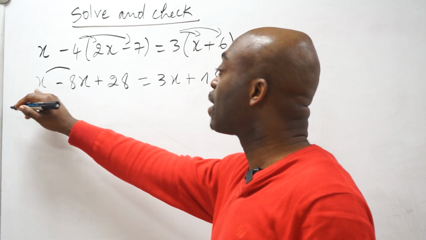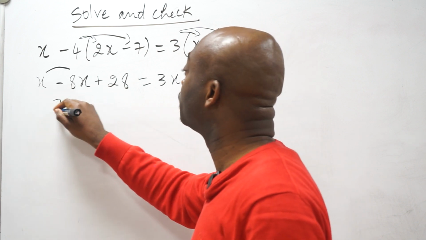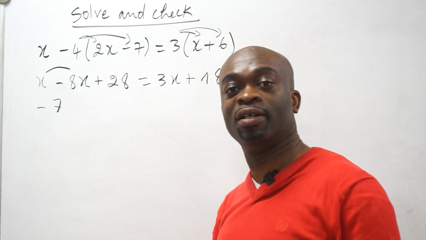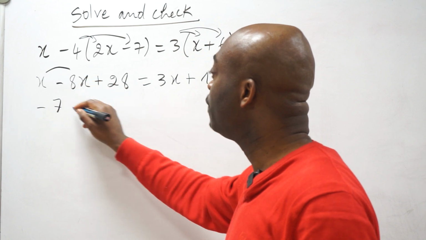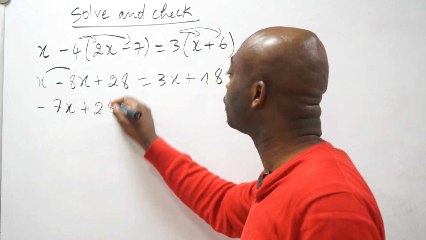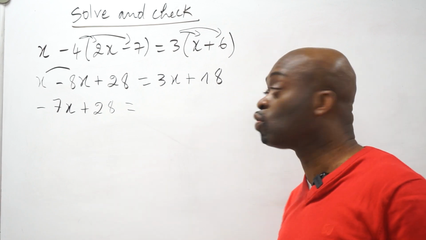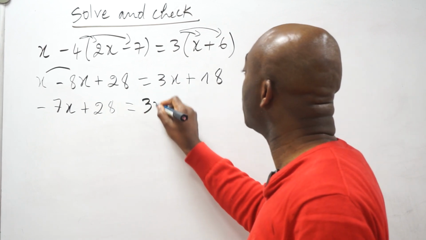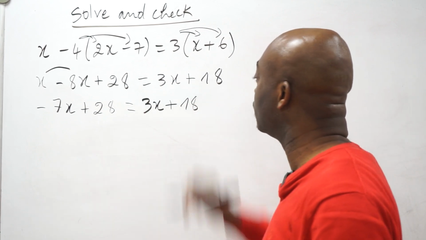We subtract 1 from 8, which is 7, and carry the sign of the highest number, negative 8. So that gives negative 7x. Bring down the 28, and this is equal to 3x plus 18.